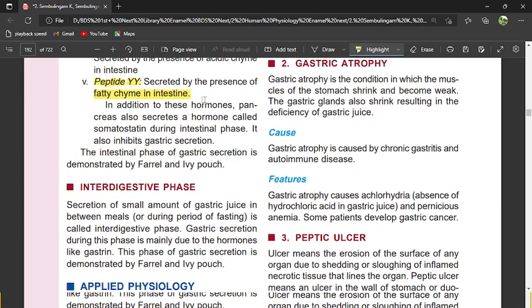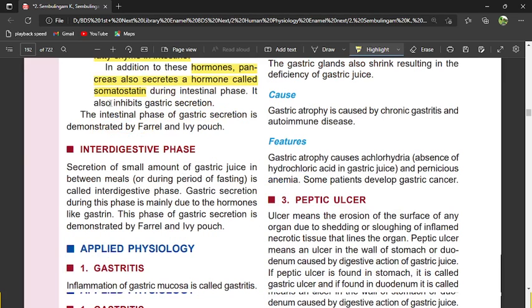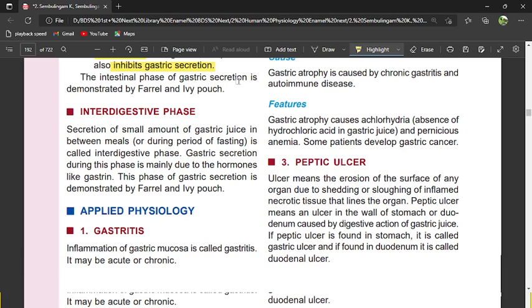In addition to these hormones, the pancreas also secretes a hormone, somatostatin, during the intestinal phase. It also inhibits the gastric secretion. The importance of the intestinal phase is also shown by Farrell and AB Koch, again the same story.